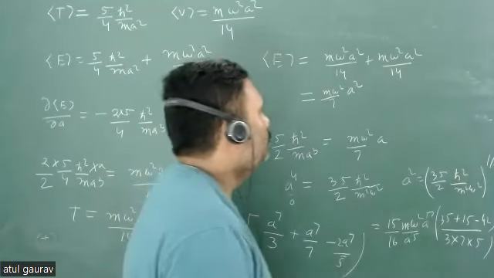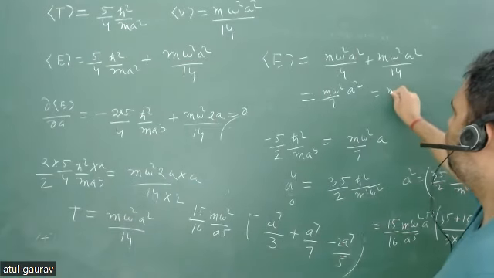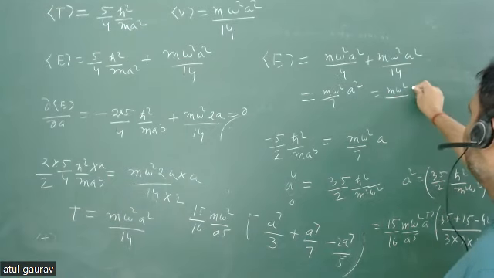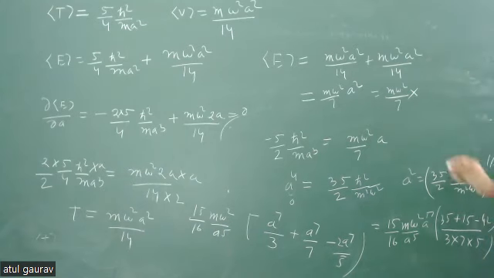Okay. So you can put the value, that is m omega square, and you have 1 by 7 into h cut upon m omega, and you have root under 35 by 2.